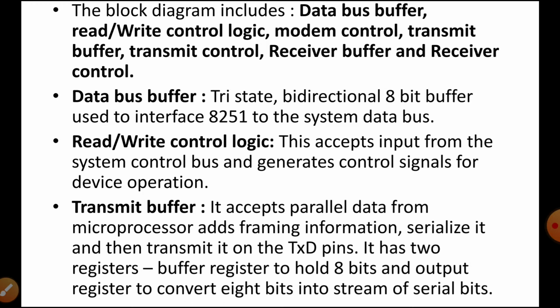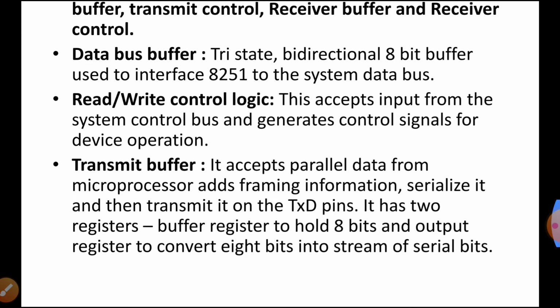This logic contains the control word register, or command word register, and also stores the various control formats for the device which are used for the proper functioning of the 8251.